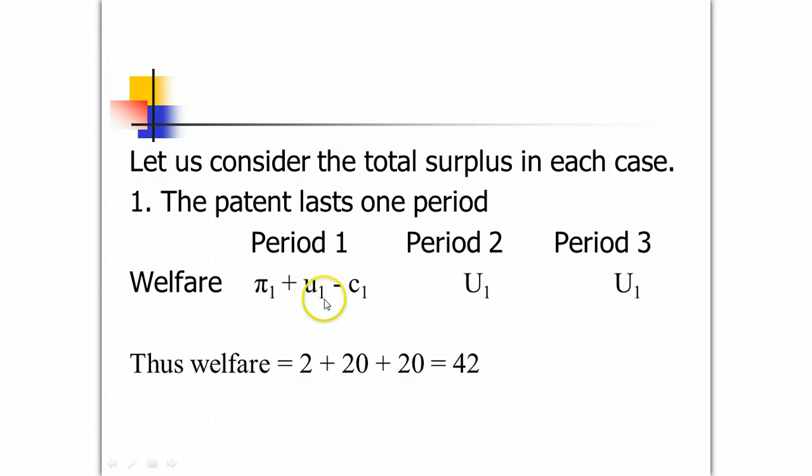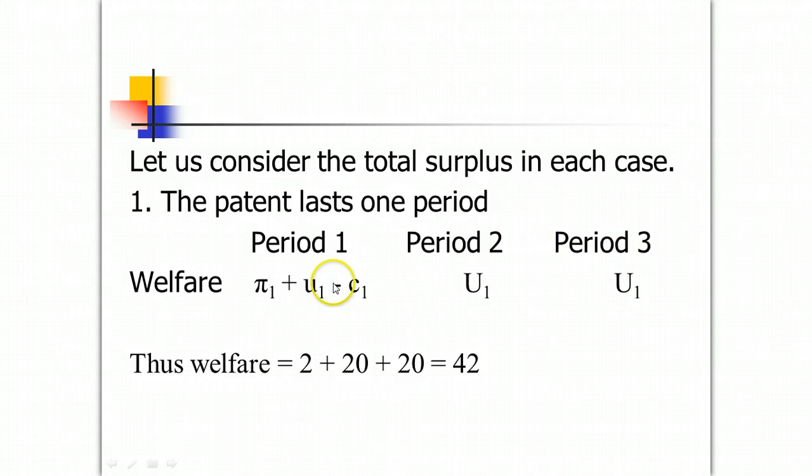Consumers get utility U1 and also the cost of C1. In period 2, innovation 1 goes off patent. Consumers get U1, capital U1. And in period 3, the same thing occurs. The product is off patent and it's U1 for consumers.